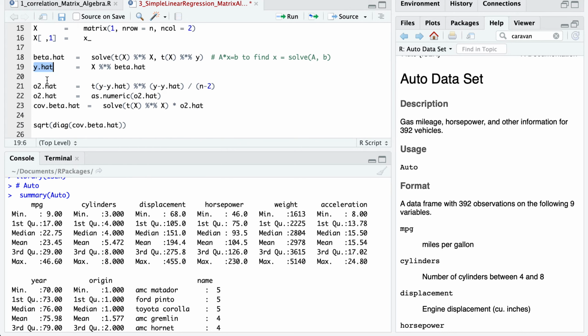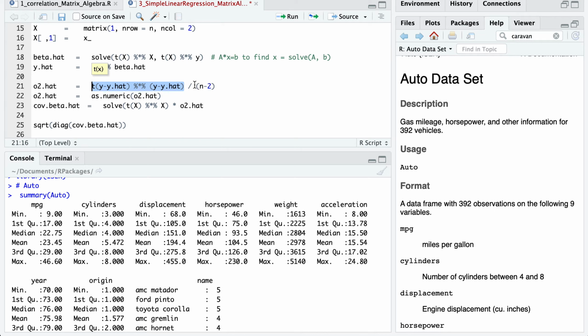And then we can estimate the noise variance. How do we do that? We look at the sum of Y minus Y hat, which is the residual, the transpose of the residual with itself. So this is the sum of the squares of the residuals.